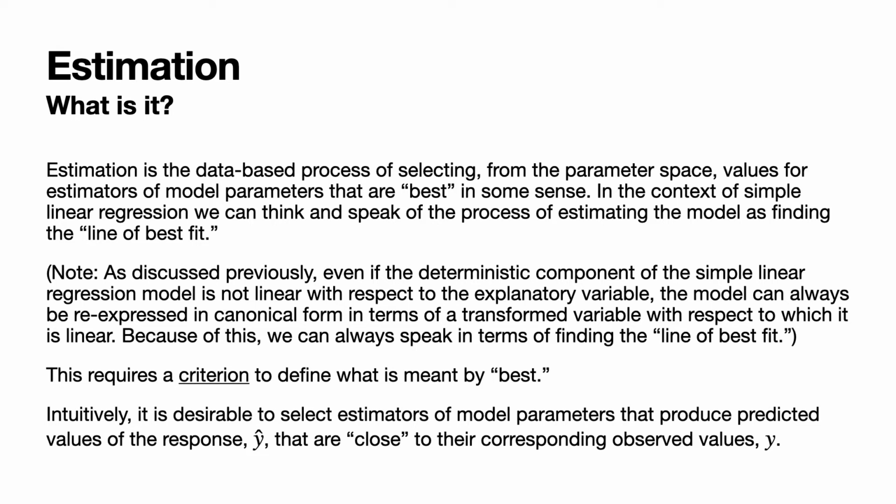Now, to find a line of best fit requires a criterion to define what is meant by best. Intuitively, it's desirable to select estimators of model parameters that produce predicted values of the response, y hat, that are close to their corresponding observed values, y.